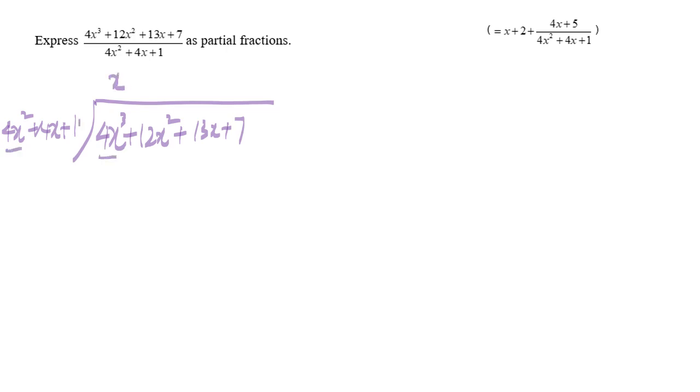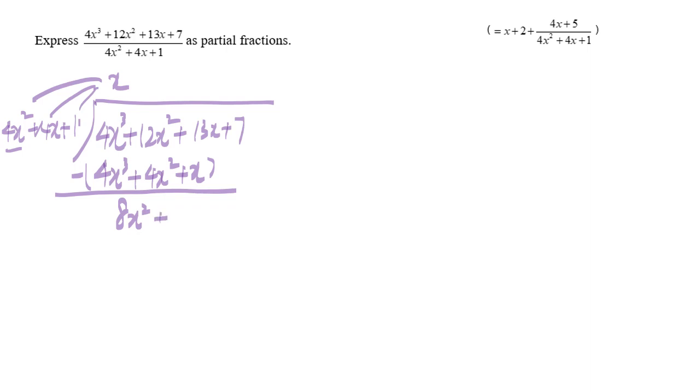That gives you x. And then your x will multiply with each individual term of your divisor. So that will give me 4x cubed plus 4x squared plus x. That gives me 8x squared plus 12x.